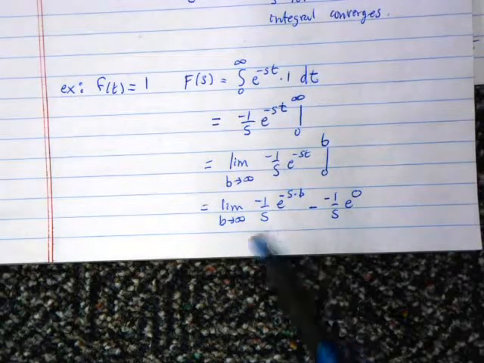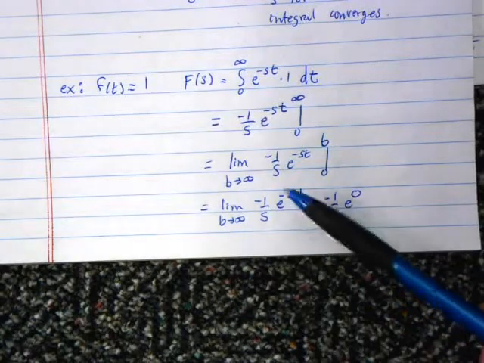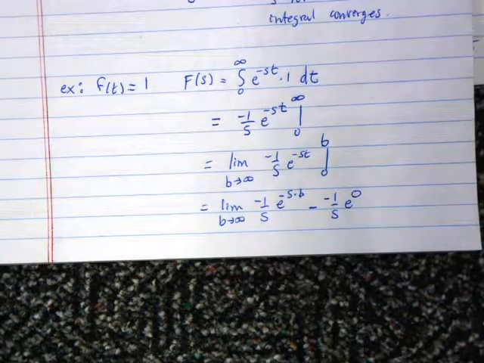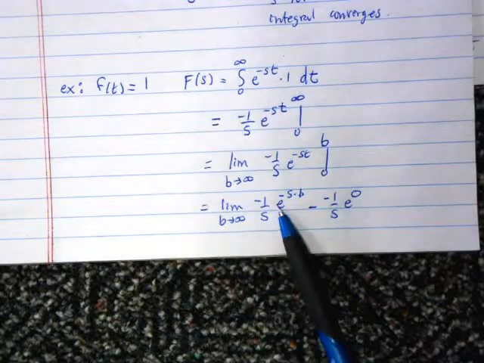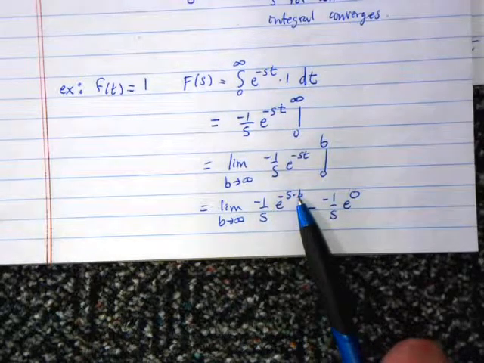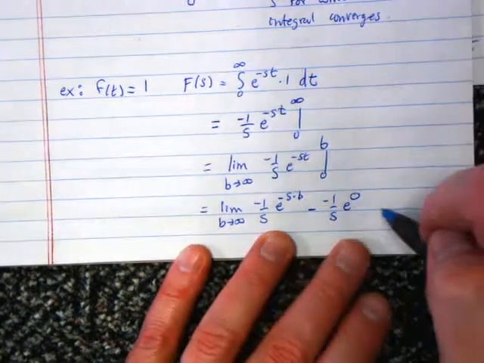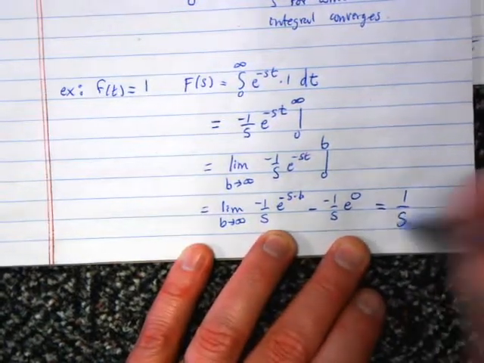As b goes to infinity, what happens to negative 1 over s e to the negative s times b? It goes to 0. Why does it go to 0? You're ending up with e to a really, really big negative exponent. E to a really, really big negative exponent gets really, really close to 0. So the final answer is 1 over s.